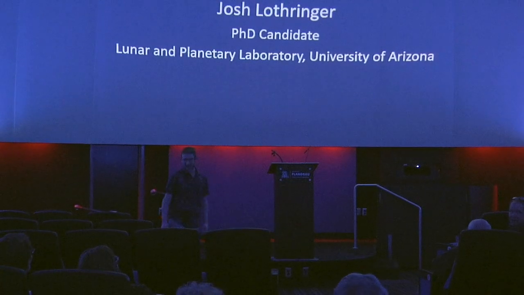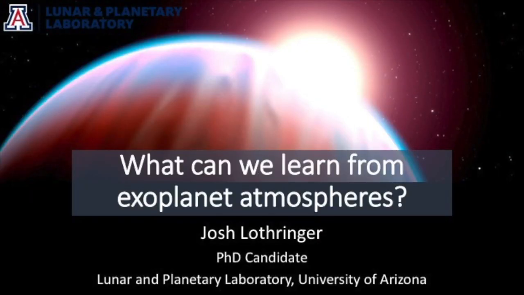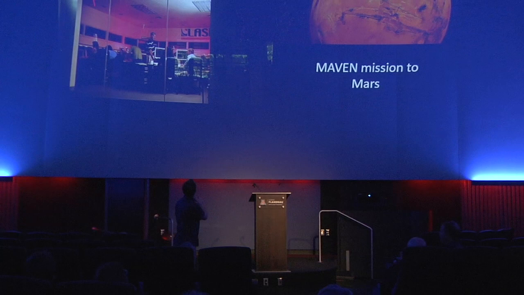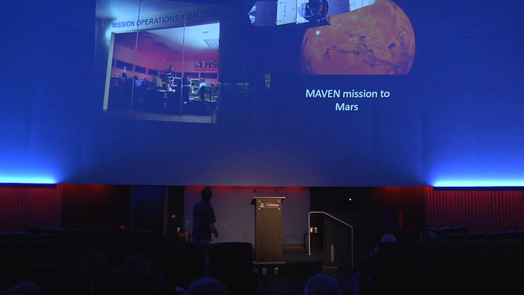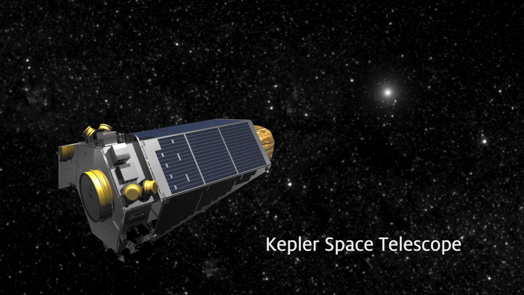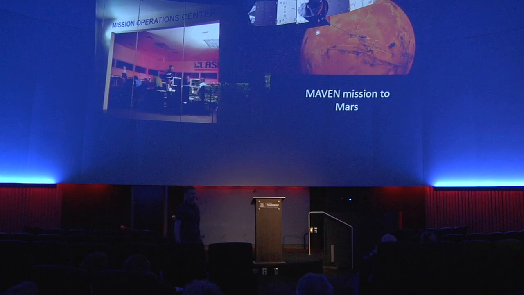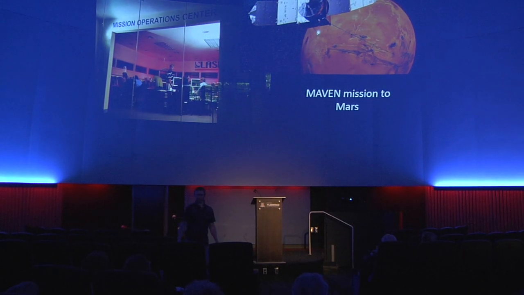I'm Josh Lothringer. Today I'm going to talk about exoplanet atmospheres. A little bit about where I came from. I did my undergrad at the University of Colorado in Boulder, Colorado. And as mentioned, I worked on the Kepler Space Telescope. I had the extraordinary opportunity to work at mission operations at the Laboratory for Atmospheric and Space Physics.